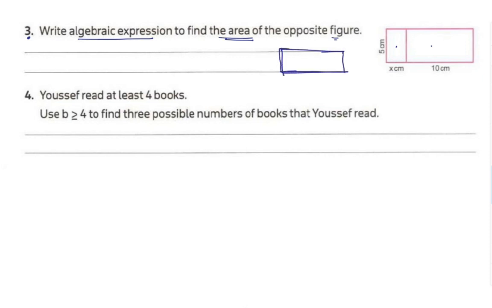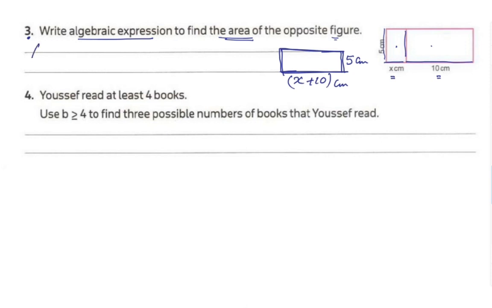If you add these together, we have 2 parts here, 10 and x. So it's x plus 10 centimeter. This is the length, and the side is the same, 5 and 5, so it's 5 centimeter. So it becomes just one big rectangle.